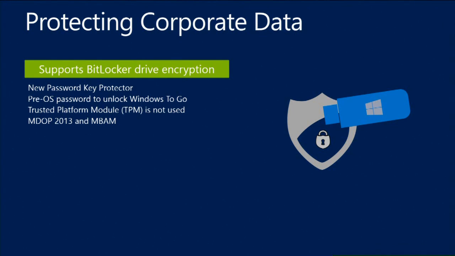So we had to create a new password protector. In the pre-boot authentication phase now, instead of a PIN unlocked by TPM, we use a password to unlock BitLocker on a Windows To Go drive. Then we can move across a whole variety of machines, still use a pre-boot authentication mechanism, and secure the Windows To Go drive. Again, that's because the Trusted Platform Module is not used.